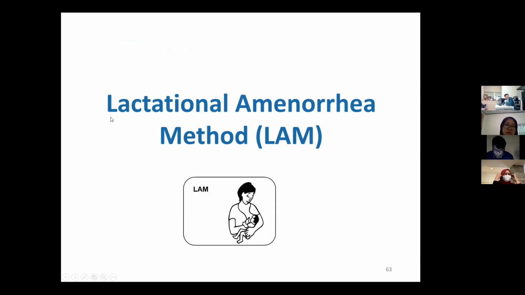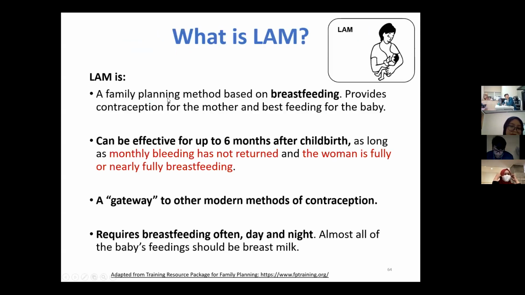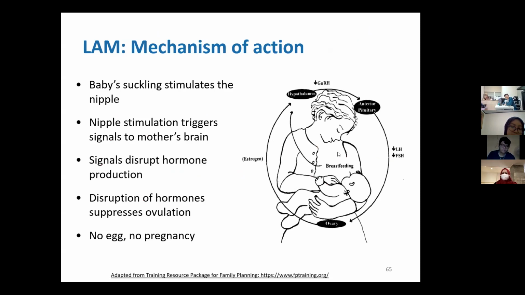The other one is LAM, lactational amenorrhea method. Once you are breastfeeding, it can be effective up to 6 months after childbirth. With full breastfeeding, you will not easily get pregnant. Why? Because once the baby is breastfeeding, we have a feedback to the hypothalamus.